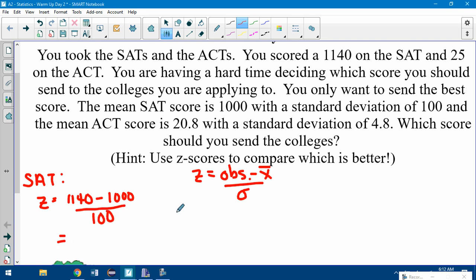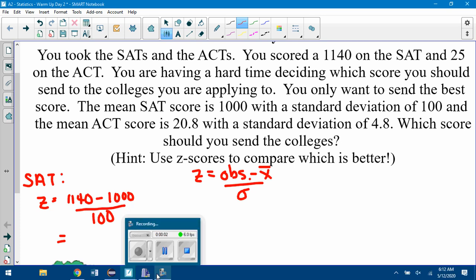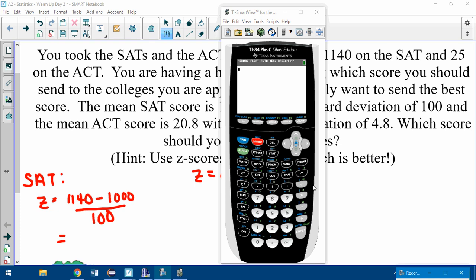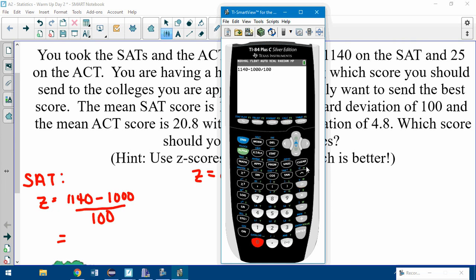So if you do that, we can figure out what our z-score is. Let's see. One second, let me grab the calculator here. All right, here we go. So it'd be 1140 minus 1,000 divided by 100. Oops, and that's a terrible way to put it in, sorry.